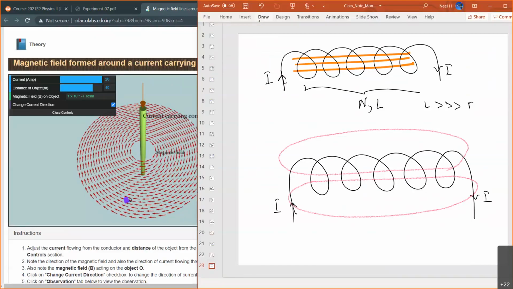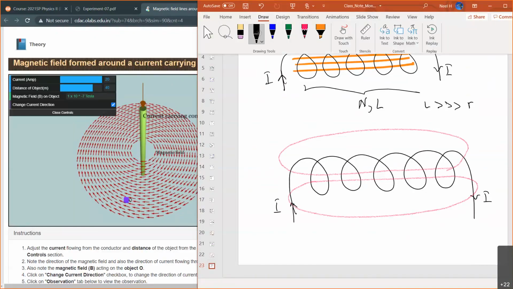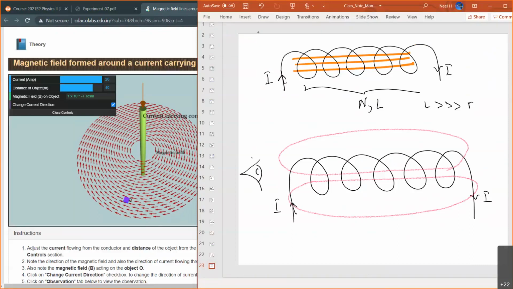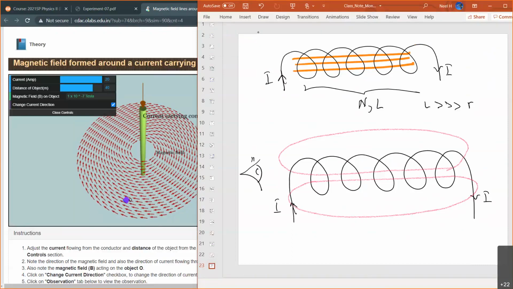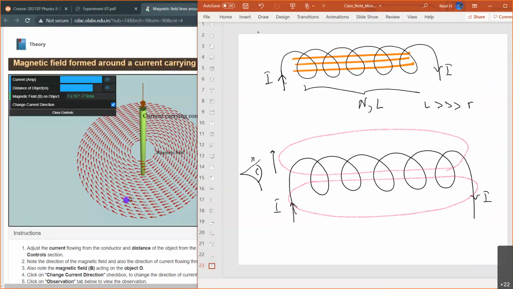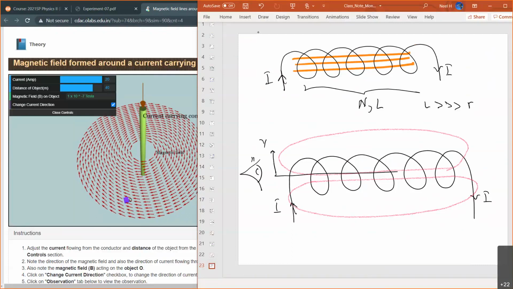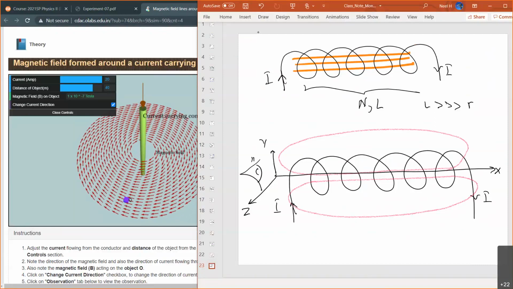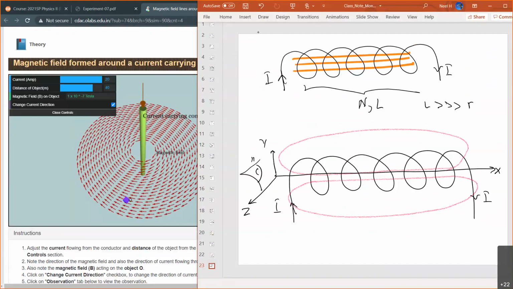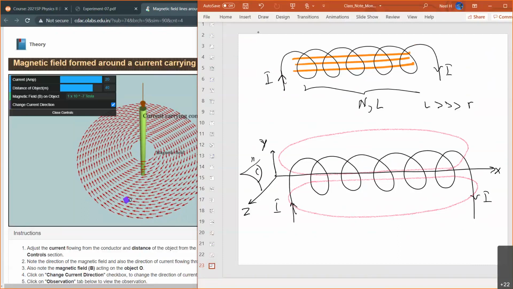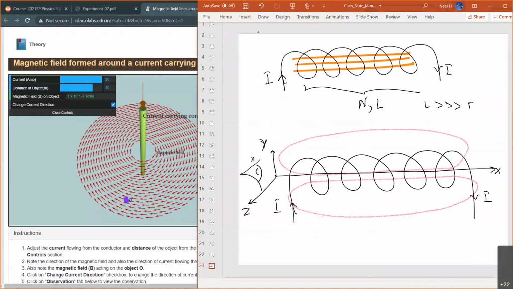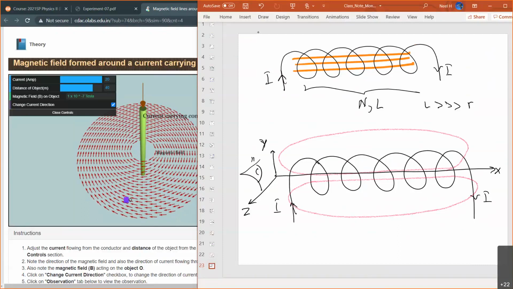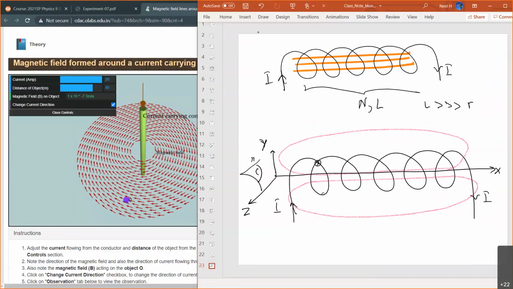Now to do that, you have to observe this loop from this angle. If you look at it from there, this is the y-axis. Let's say the center line is the x-axis. This is the z-axis. Okay, I'm observing now on the yz plane, into the loop. If you look at it there, current goes in here, current comes out from there.